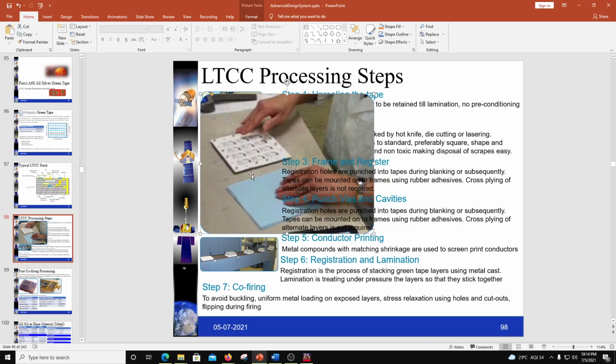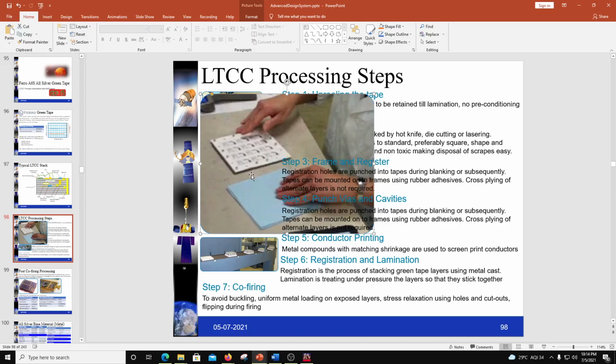You can slide it through those 4 poles, put one layer over the other, exert certain pressure, and then put it into an oven for curing. You do not remove the plastic backing until you have done the entire printing, punching and everything, right? And metallization is done through screen printing.